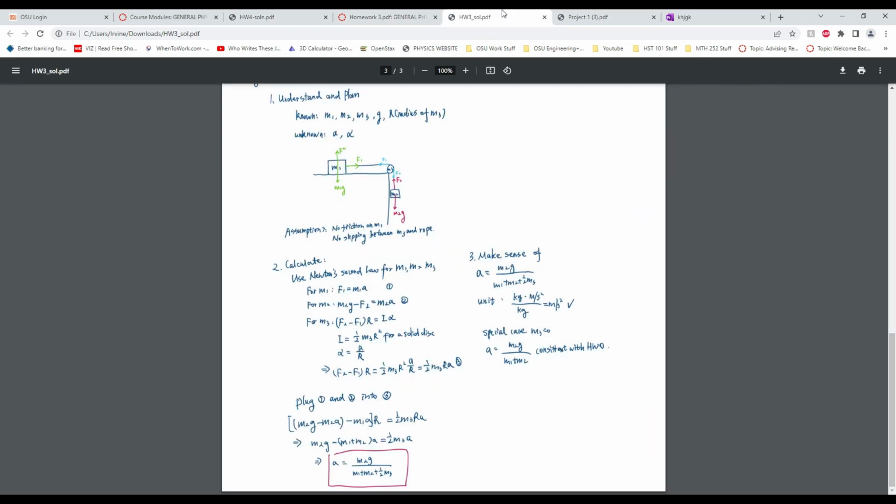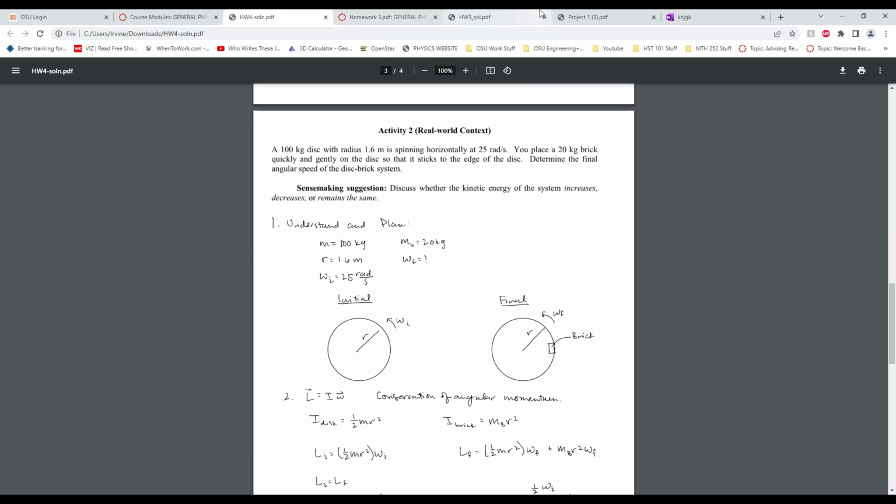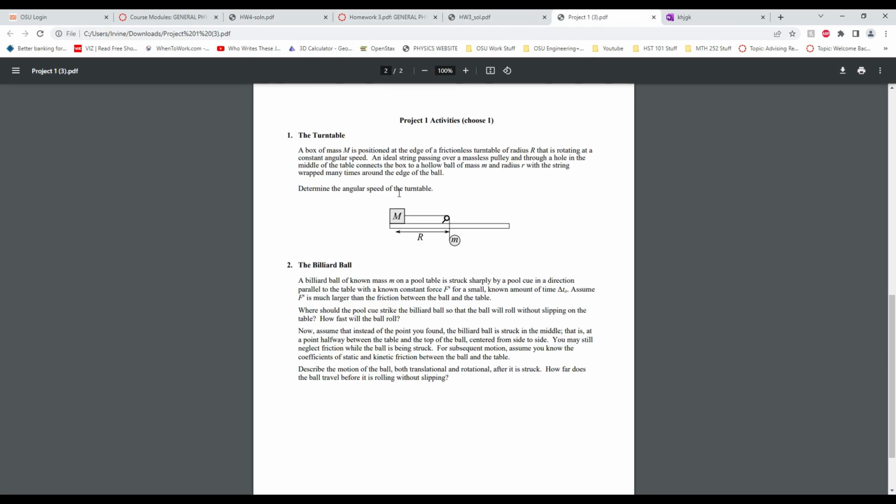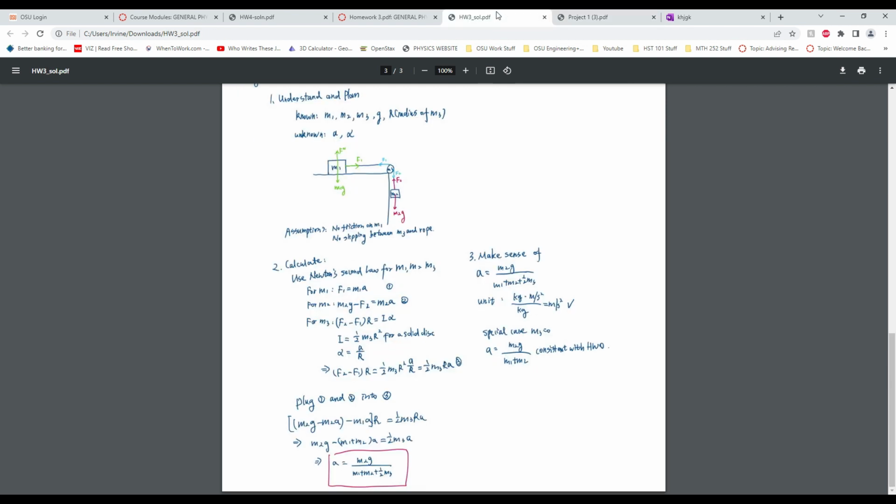So we just had to solve for angular speed as well for the project of the turntable. We can also know that because the system is isolated, momentum should also be conserved.